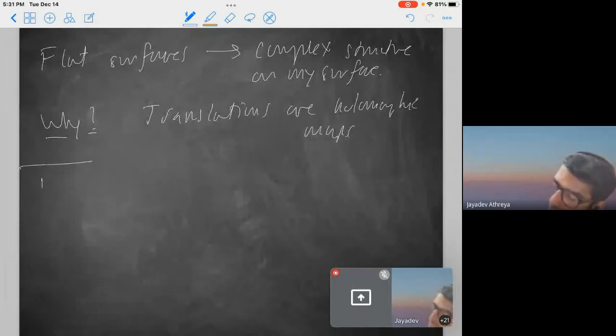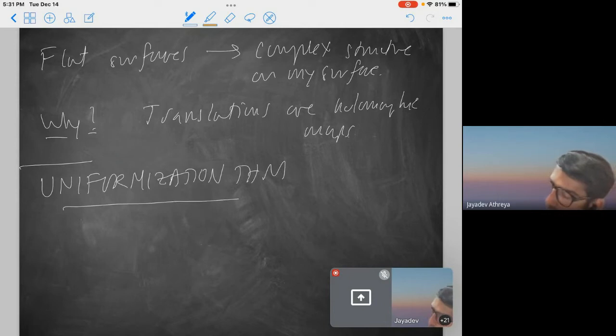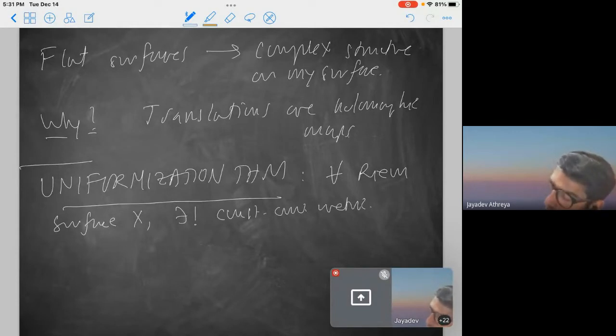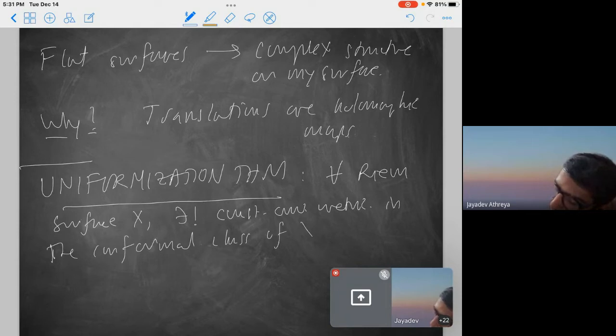And then I have this massive hammer of the uniformization theorem, which tells me for every Riemann surface, every complex structure X, there exists a unique constant curvature metric in the conformal class of X. That is, where angles are the same, the conformal class of X. And if genus is bigger than 1, that is a hyperbolic metric.